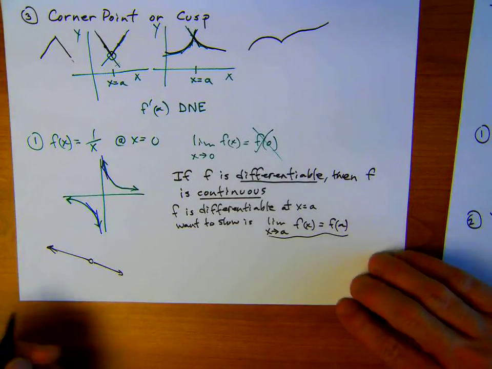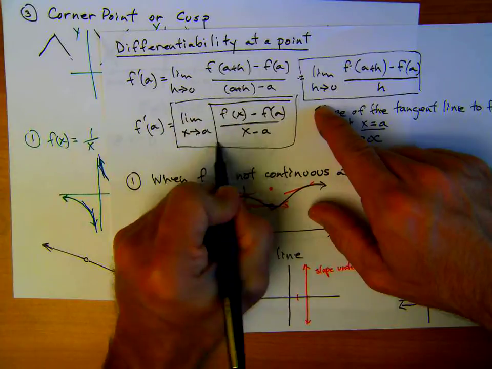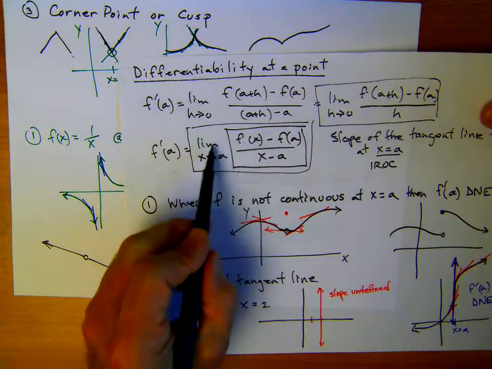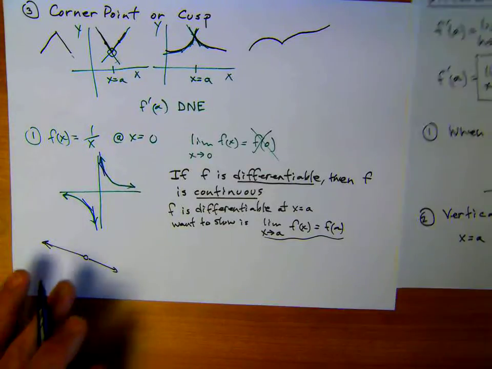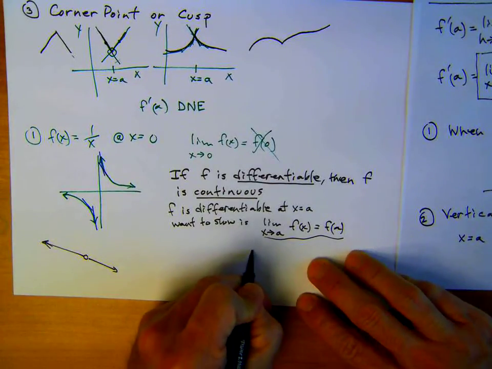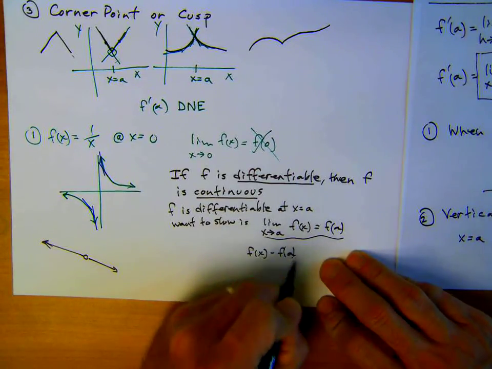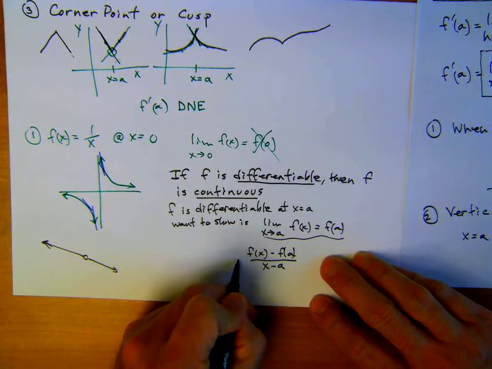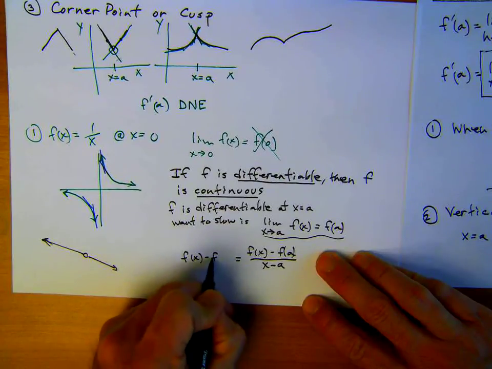If we look at this, I'm going to start with this right here, because that will help us think about the derivative. We need to get the derivative in there somehow. So I'm going to start with f of x minus f of a over x minus a, and set that equal to f of x minus f of a.